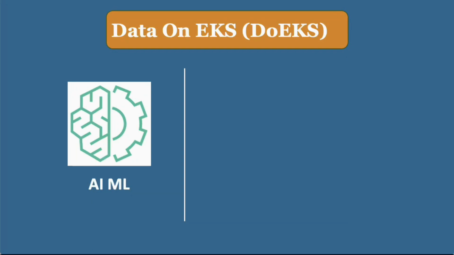Now let us look at some of the areas which Data on EKS currently focuses on. One of the primary focuses is artificial intelligence and machine learning. In this case, it provides many popular frameworks, for example Kubeflow, JupyterHub, MLflow, Ray.